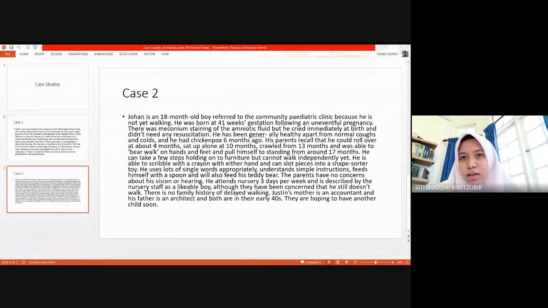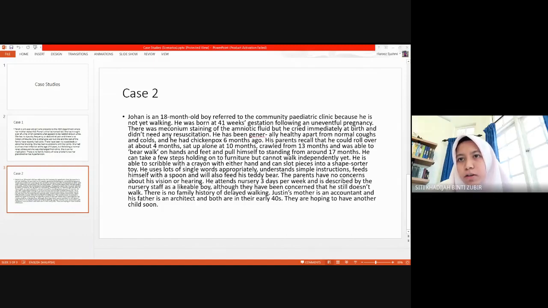Johan, an 18-month-old boy, was referred to community pediatric clinic because he is not yet walking. He was born at 41 weeks of gestation following an uneventful pregnancy. There was meconium staining of the amniotic fluid, but he cried immediately at birth and did not need any resuscitation. He has been generally healthy apart from normal cough and cold, and he had chicken pox at age of 6 months.